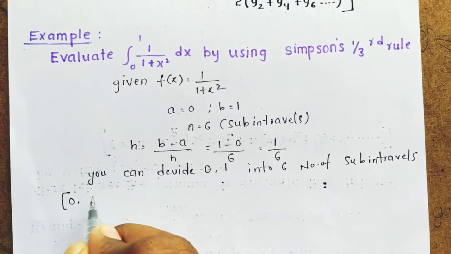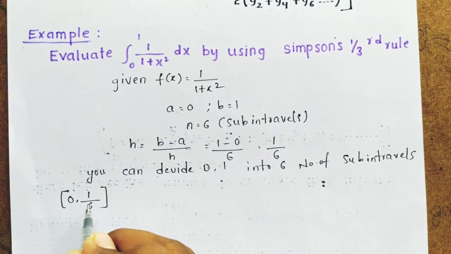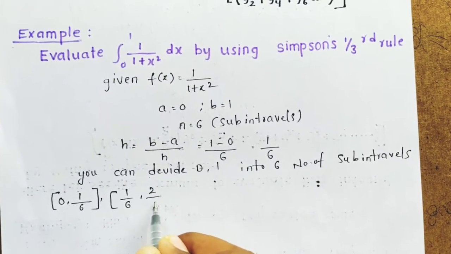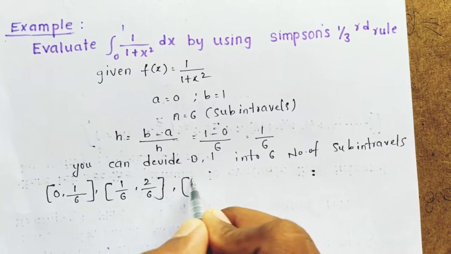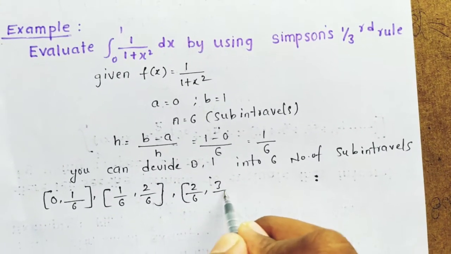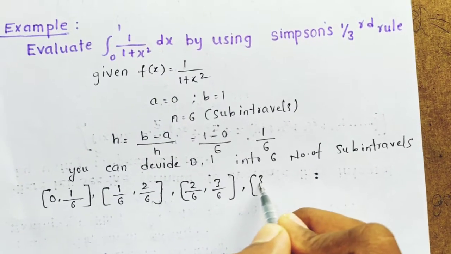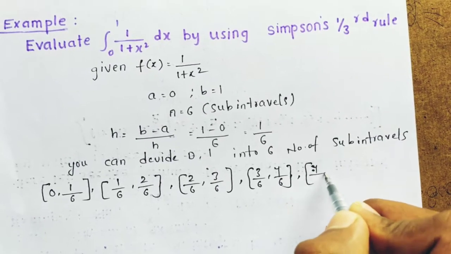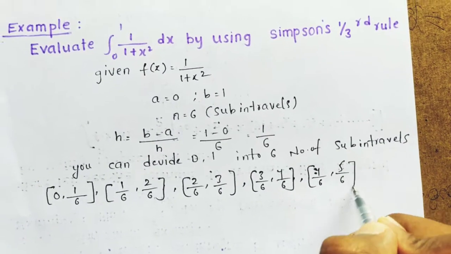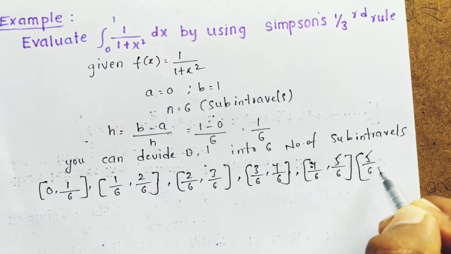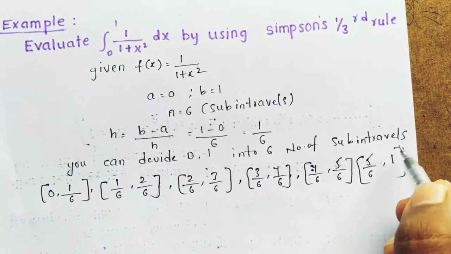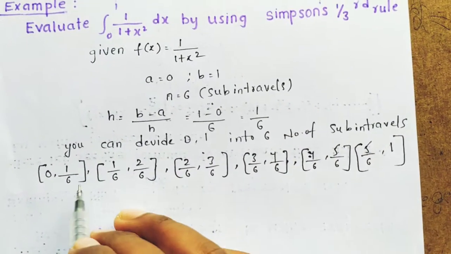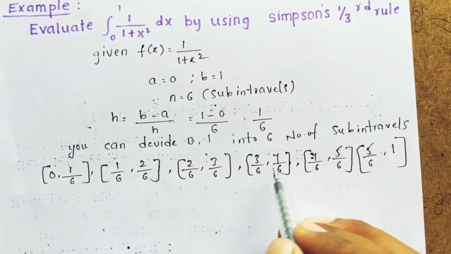The difference between one subinterval point and the next is 1 by 6: 0 to 1 by 6, 1 by 6 to 2 by 6, 2 by 6 to 3 by 6, 3 by 6 to 4 by 6, 4 by 6 to 5 by 6, and finally 5 by 6 to 1. Here 6 by 6 means 1. The number of subintervals we have taken is 6.